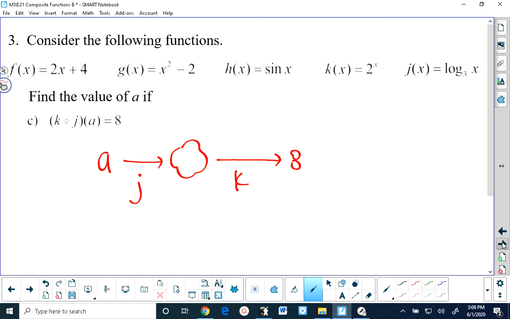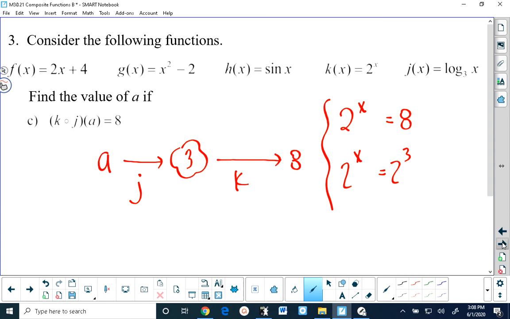That means that since k is 2 to the x, we have to figure out what value of x goes into 2 to the x to give you 8. Well, this is a fairly basic exponential equation to solve. You can write them both with a base 2 and see that x is 3. 2 to the 3 gives you 8.